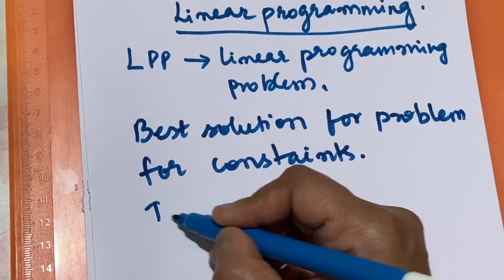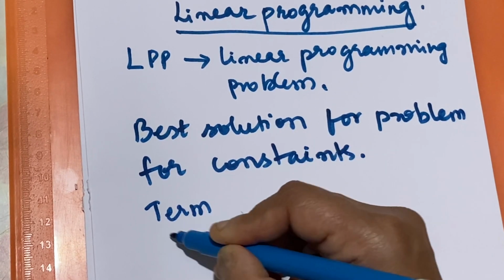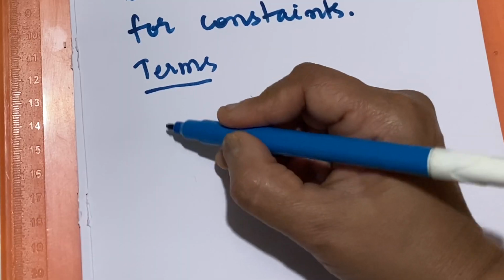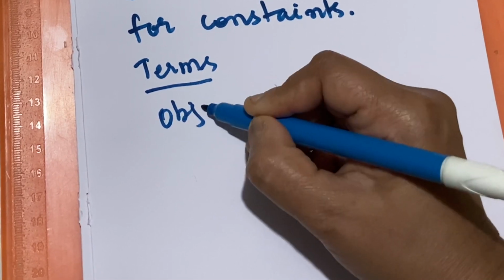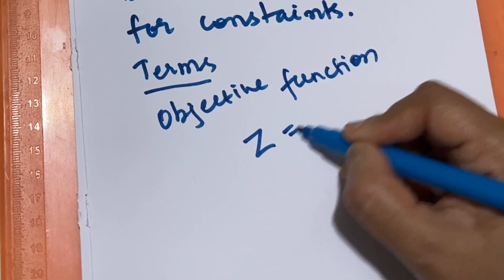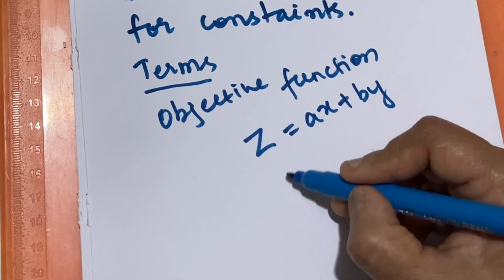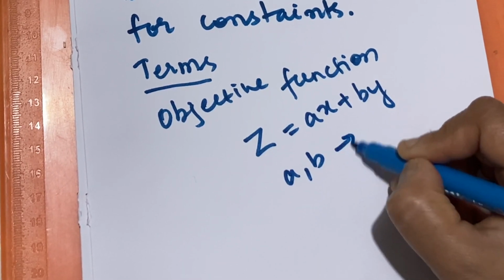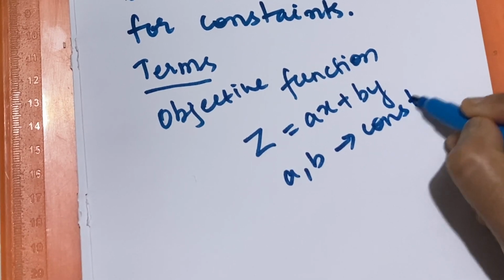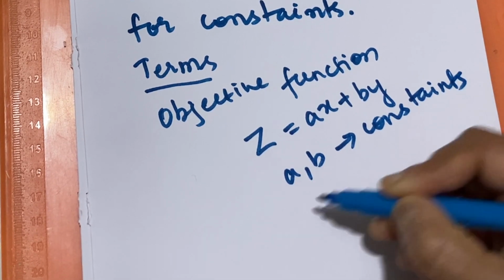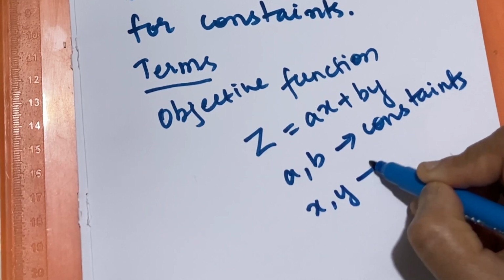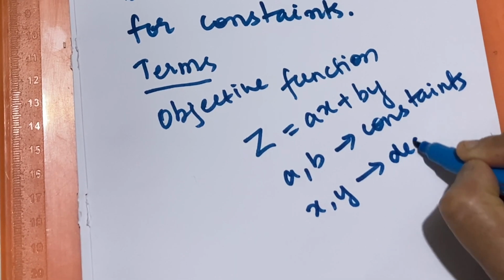There are some terms associated with linear programming, that is objective function. This is written as z equal to ax plus by, where a and b are constants, x and y are decision variables.